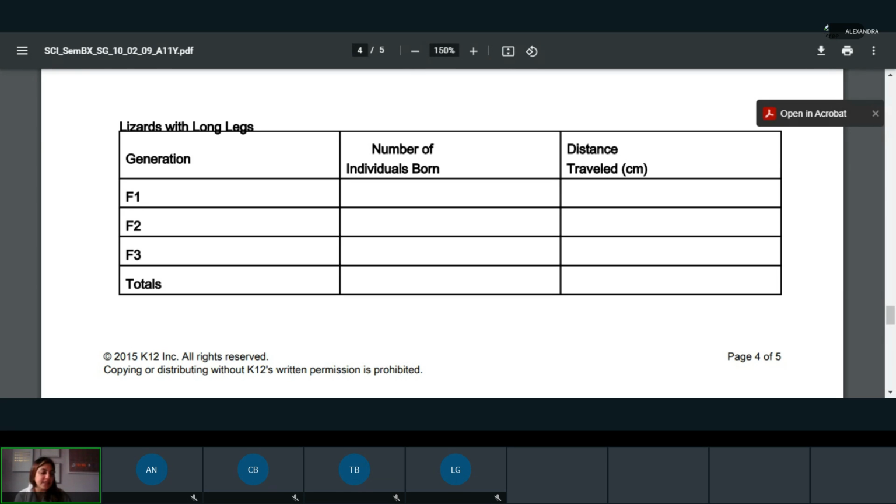All right. Does that make sense to everybody? You got 84 for what, Ava? For the short legged or for the long legged? And how many did you roll for the long legged? Yeah, that makes sense, right?